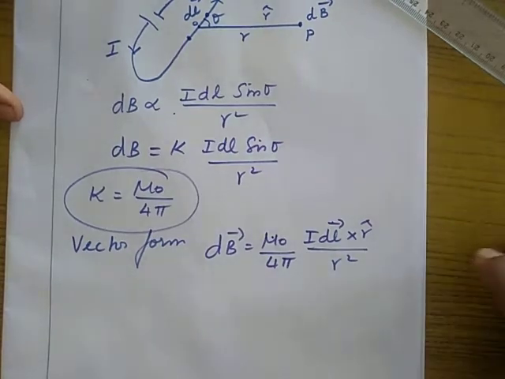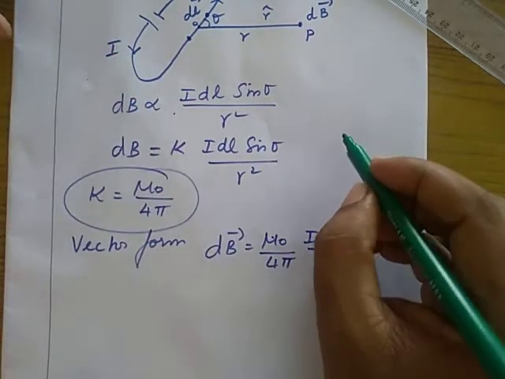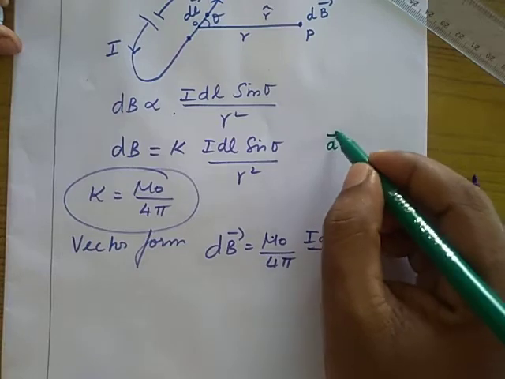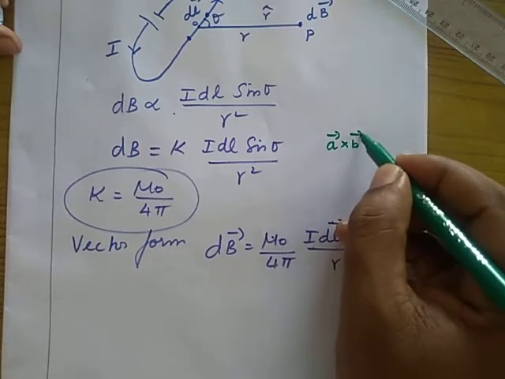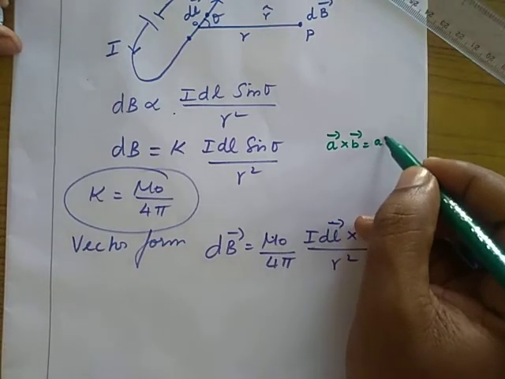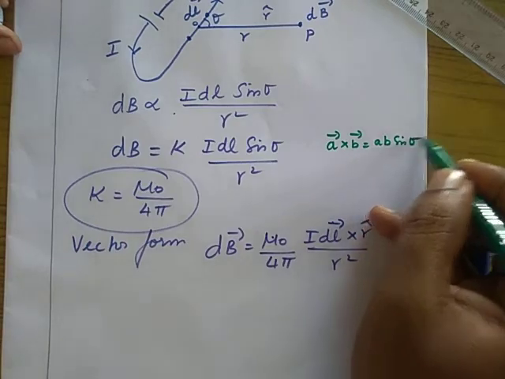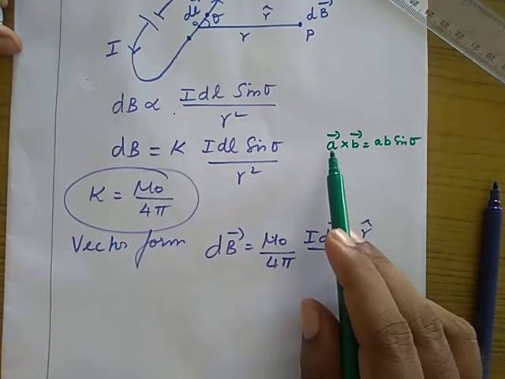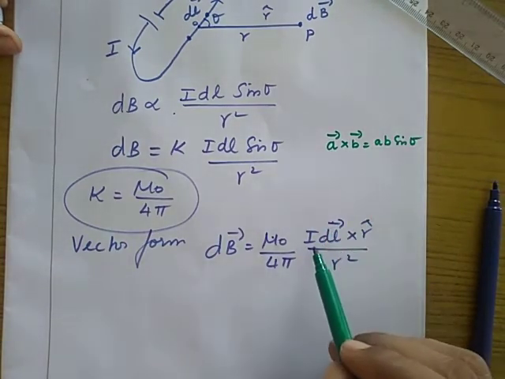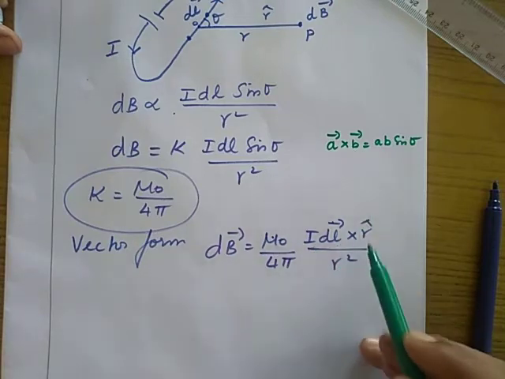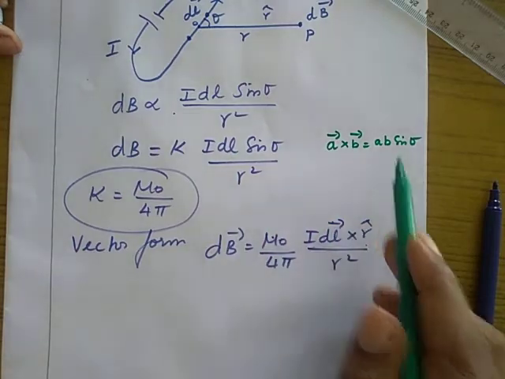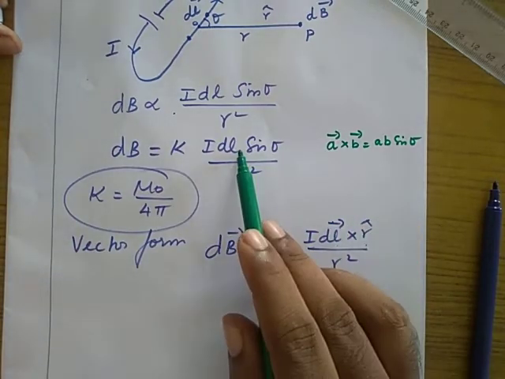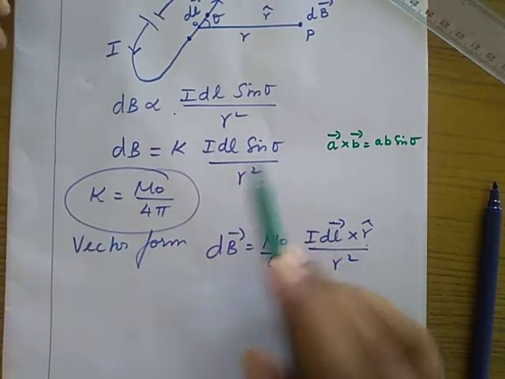Because we know very well, a vector cross b vector has magnitude a b sin theta. Here a is the dl vector and b is a unit vector. The unit vector's value is 1, so we get 1 into sin theta.